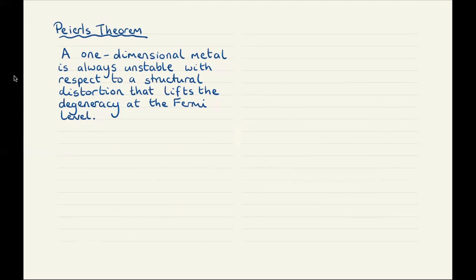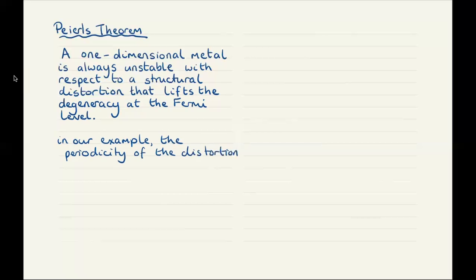We can go a little bit further. So here, in our example, the periodicity of the distortion, by that I mean the size of the new unit cell, is equal to 2a.